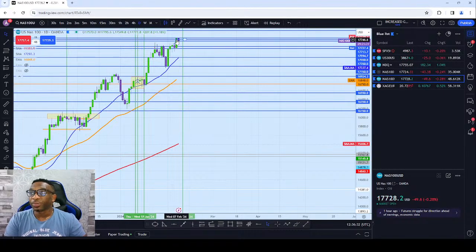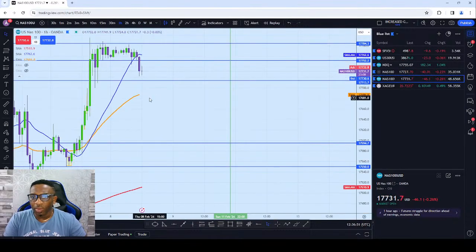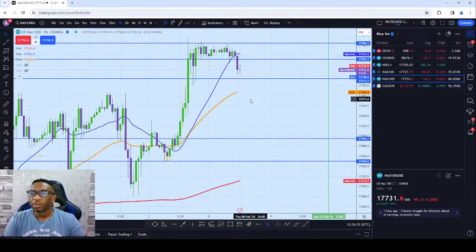Even on the daily, you can see it's in the wide state. So with the way it's looking, there's a chance that it could push down to the blue line. We'll see. Let's see on the 1 hour.